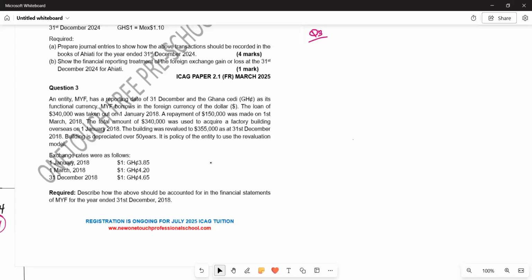The total amount of $340,000 was used to acquire a factory building overseas on 1st January 2018. The building was revalued to $355,000 as at 31st December 2018. The building is depreciated over 50 years. It is the policy of the entity to use the revaluation model. The exchange rates were as follows: 1st January 2018, $1 is equal to 3.85. So we know those ones.